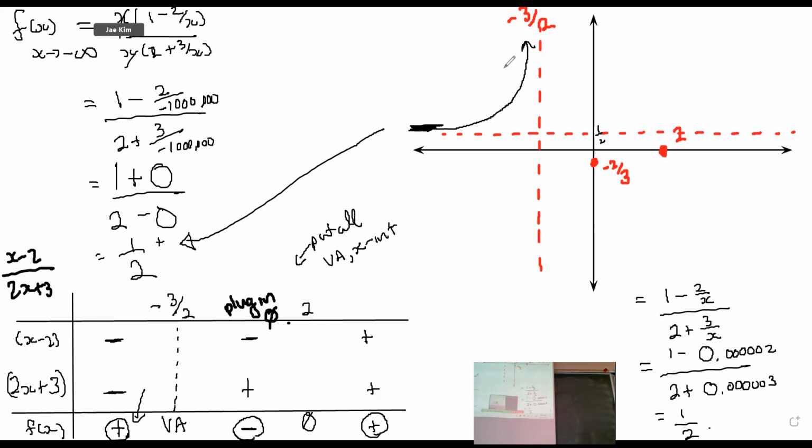So the purpose of the chart is to see when it's going to be above the x-axis or below the x-axis, when it's going to be positive or negative, right? If it has an x-intercept, what does it mean for the curve? It means the curve touched it.